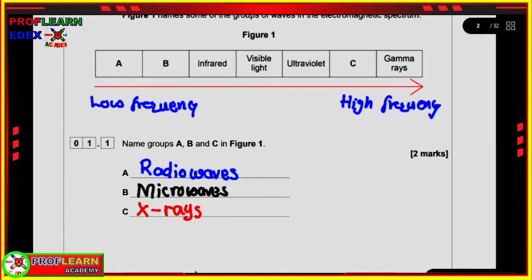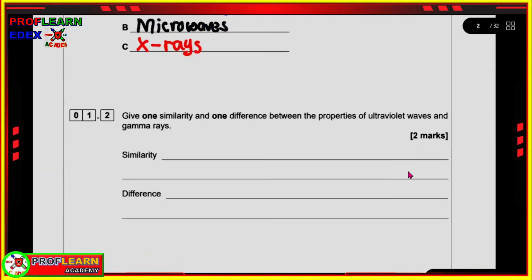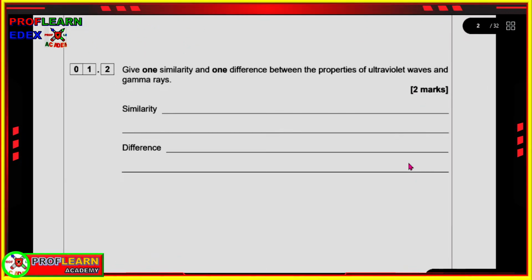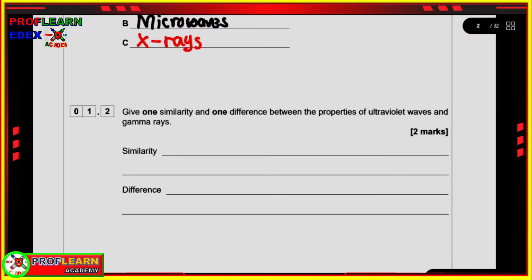So need also to mention that these waves, they obey the wave equation. So you are asked here, give one similarity and one difference between properties of ultraviolet waves and gamma rays.